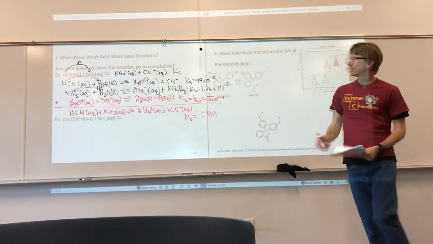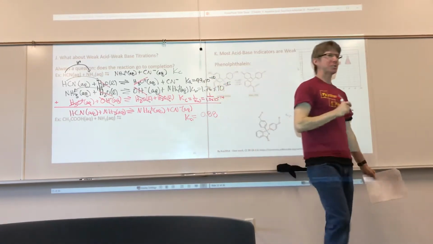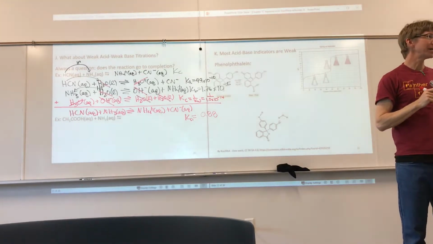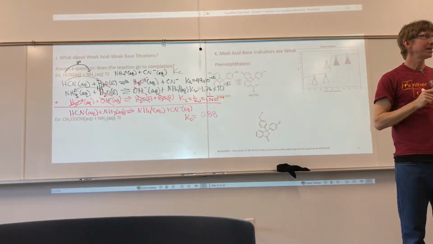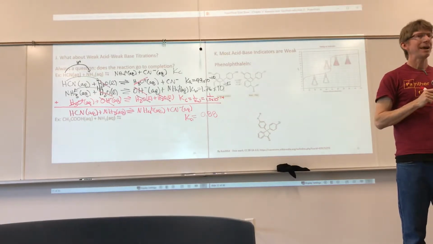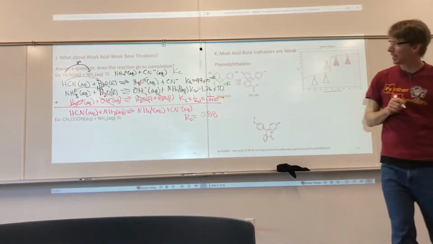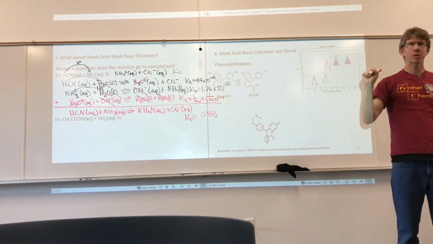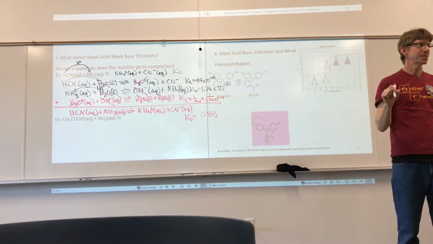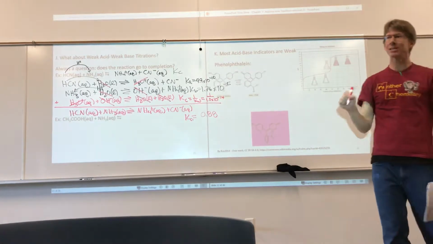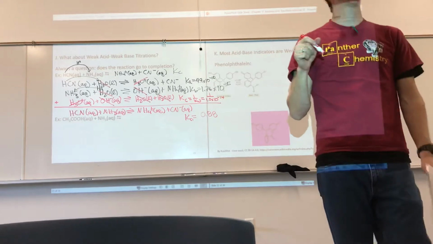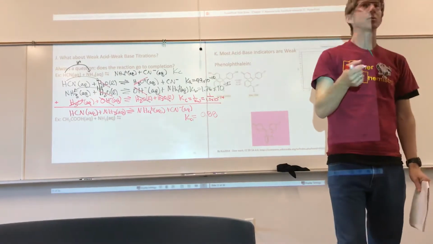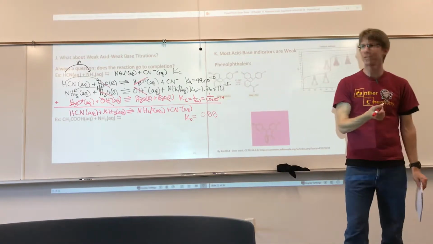Now, does the reaction go to completion? It does not. Not with a value of 0.88. It goes about halfway. And one of the things we haven't talked about too much so far is, if we're going to do a titration, pretty much the only reason to do a titration is if the reaction goes to completion and you can figure out the concentration of the unknown acid or the unknown base.